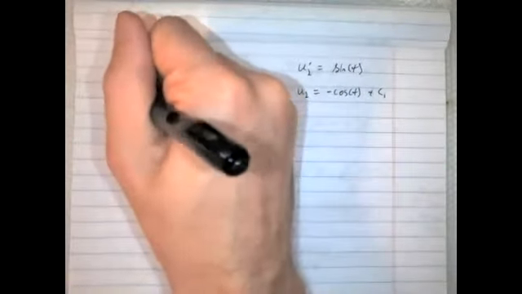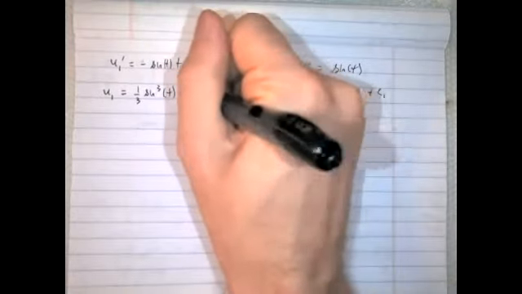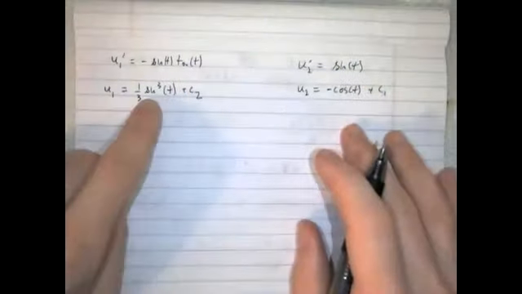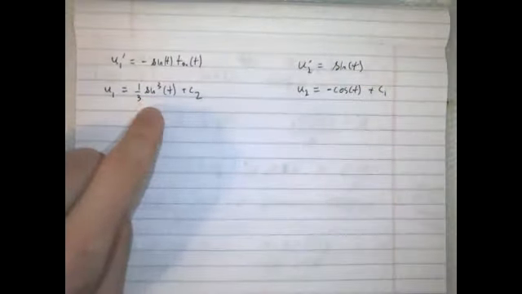Anyone have the antiderivative for me? I think it's negative 1/3 times sine cubed t plus c2. Very good. Yeah, that's exactly what you get if you do the u substitution, because then you're going to have a sine squared over the derivative of sine.